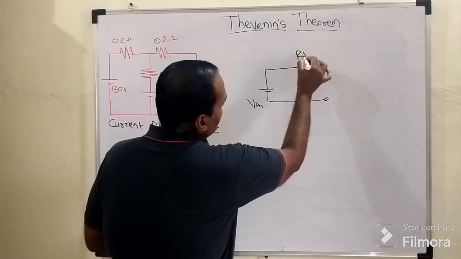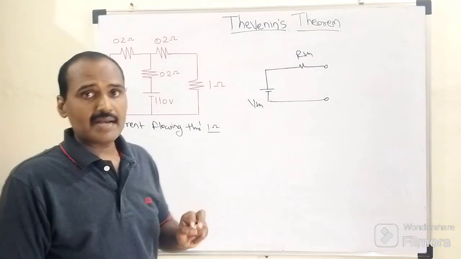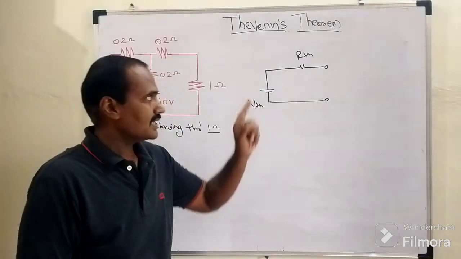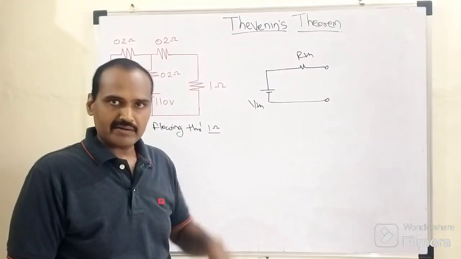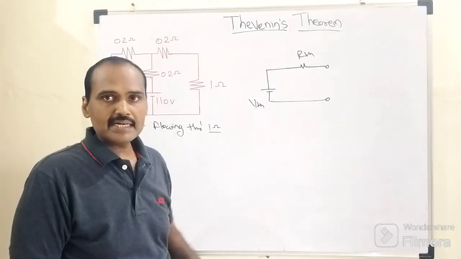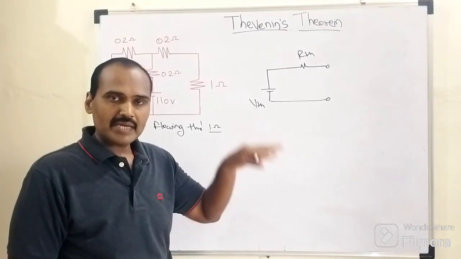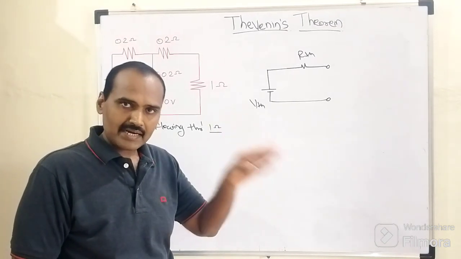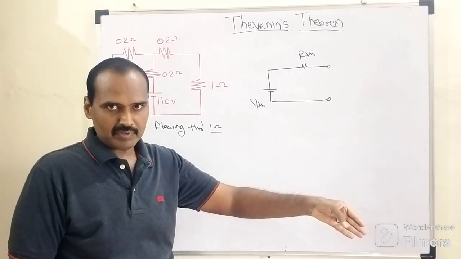There are two important parameters of this Thevenin equivalent circuit. One is potential and another is resistance. By analyzing that existing network, we need to determine the Thevenin voltage and the Thevenin resistance. Then and only then can we convert that given existing complicated network into the Thevenin equivalent network.